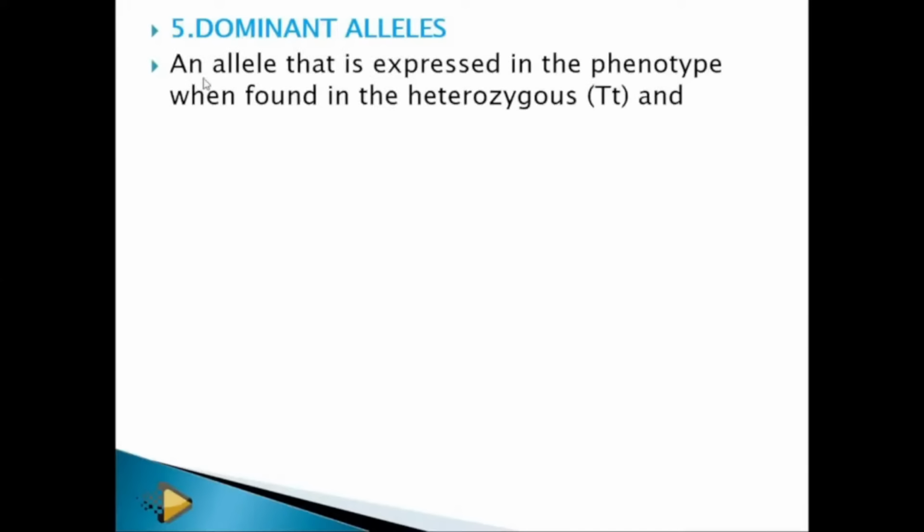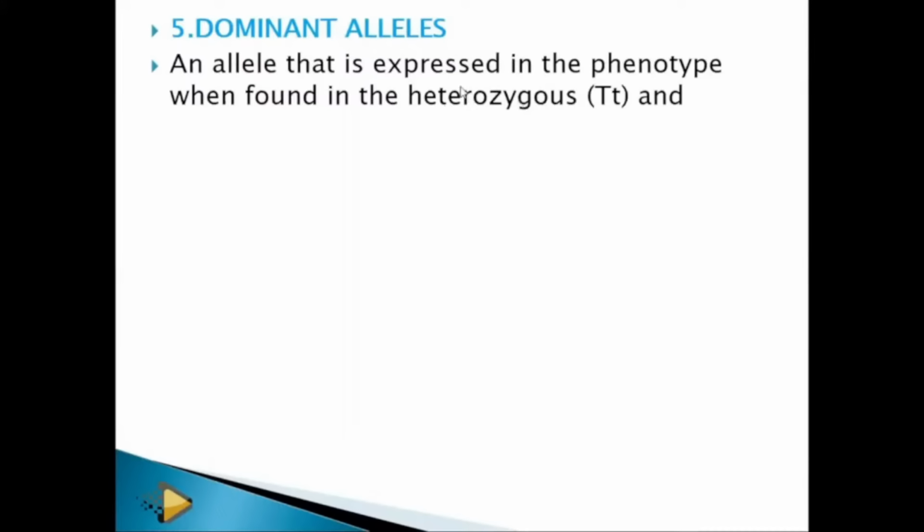Then we talk about a dominant allele. Because you have two forms of alleles, one can be dominant, another can be recessive. Both of them can be dominant, or both of them can be recessive. When we talk about dominant, it means something which suppresses another thing. So we say that a dominant allele is an allele that is expressed in the phenotype when found in a heterozygous state.